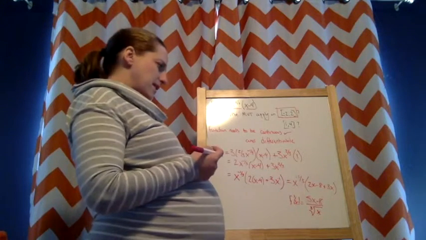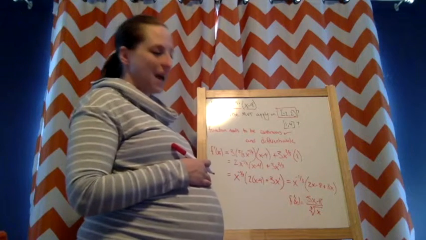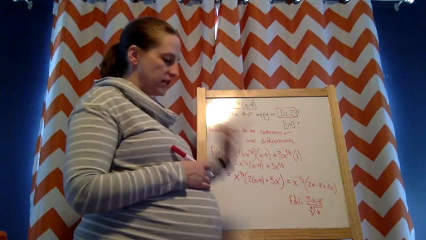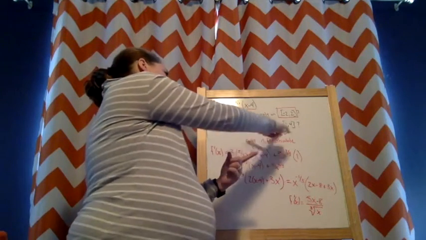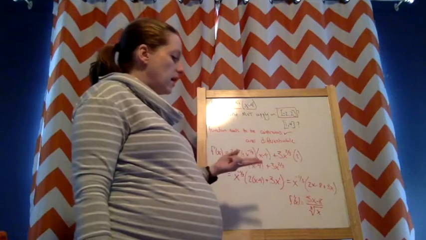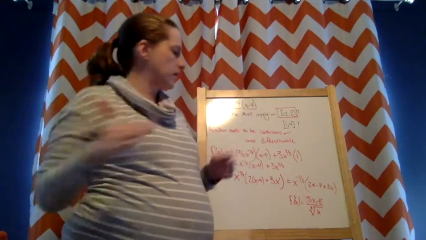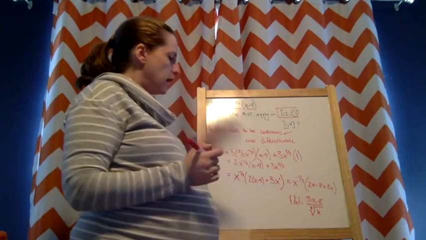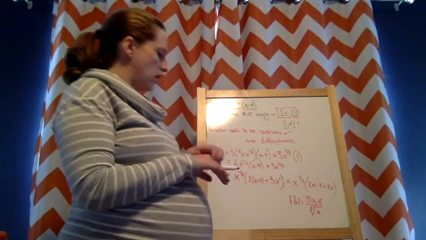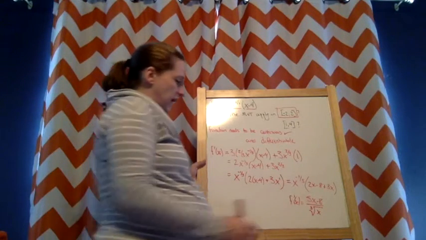Okay, so now let's think about differentiability. Now thinking graphically, a function is not differentiable anywhere the function is not defined, but we know that the function is continuous, which means it's defined everywhere. Anywhere where we get points, sharp corners or cusps, or anywhere that we have a vertical tangent line. Now to look for those things in our derivative equation, we're going to look for places where our derivative is undefined.